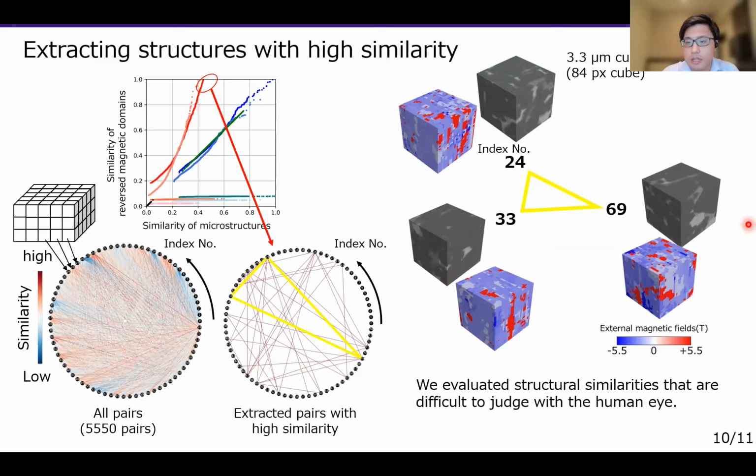These are structures that are difficult to judge with the human eye, but these structures are evaluated as ones with high similarity from the data information.